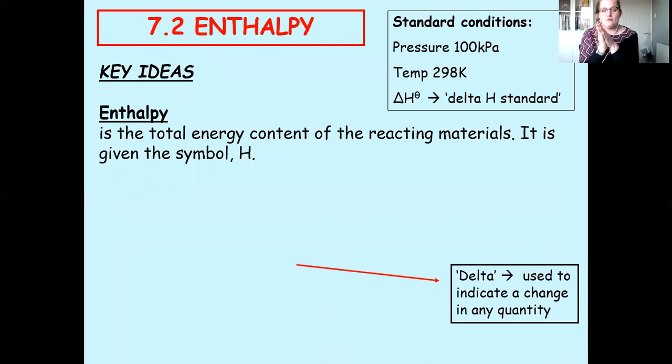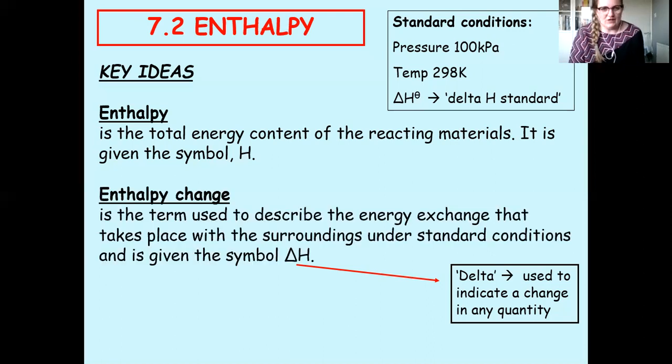So whenever we talk about enthalpy at the moment in chemistry, we say it's in standard conditions: the pressure of where this reaction is taking place is 100 kilopascals, and the temperature is 298 Kelvin. So we say it has a delta H standard, H being the symbol for enthalpy. So enthalpy is that total energy content of all of our reacting materials.